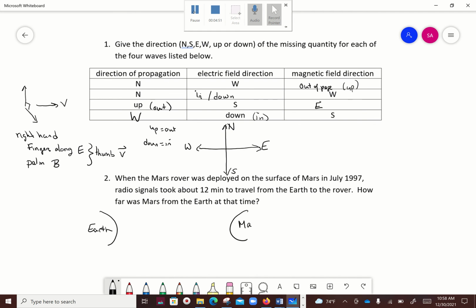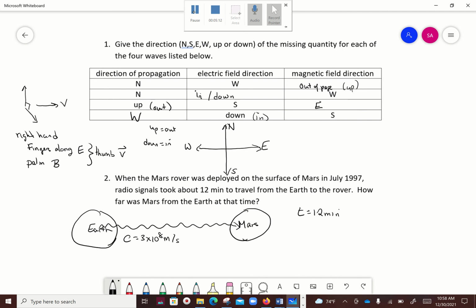All right, so here I've got my 2 planets, Earth and Mars, and I've got my radio signal. The radio signal we know travels at a speed of c, 3 times 10 to the 8 meters per second, as it goes between them, and it takes a time of 12 minutes.